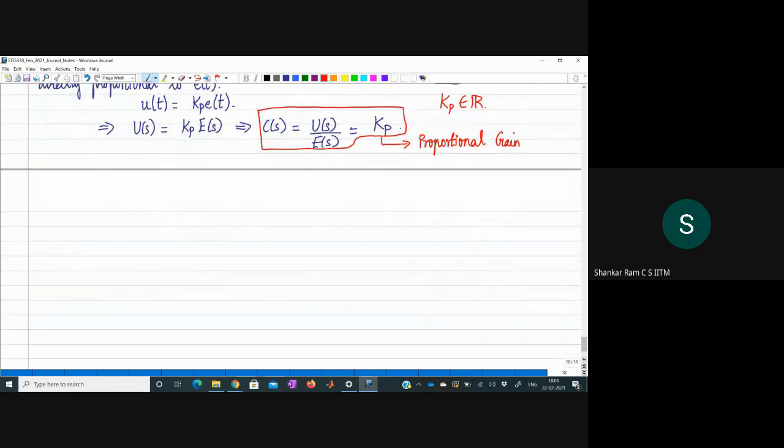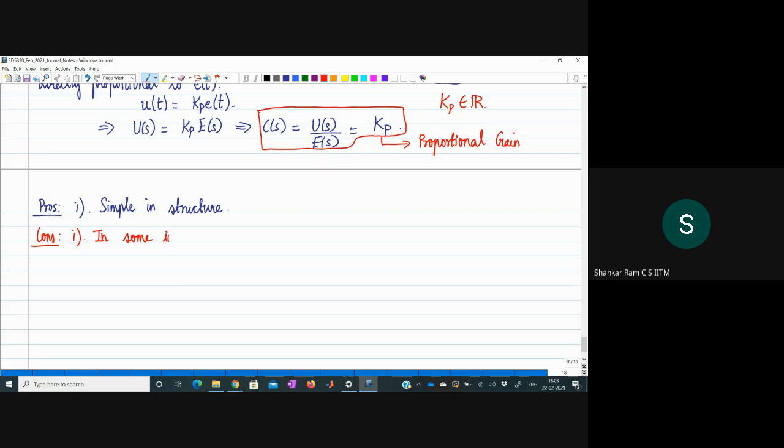If you look at the pros and cons of this proportional controller, on the advantages side, it is very simple in structure and easy to implement. So that way it is very handy as far as practical design is concerned. But what are the limitations? If you look at the cons, we will look at such cases.